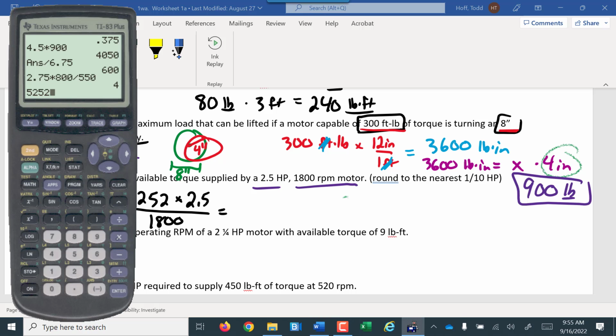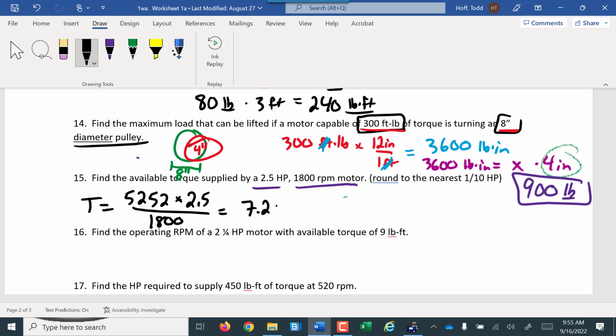So 5252 times 2.5 divided by 1800 gives us 7.29. You have to keep remembering it's pound-feet in your textbook, not foot-pounds.